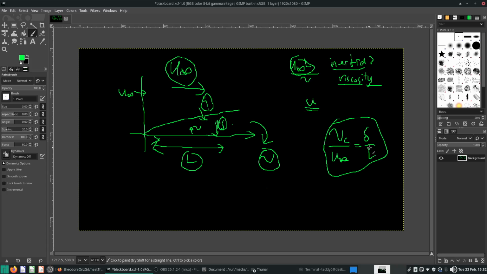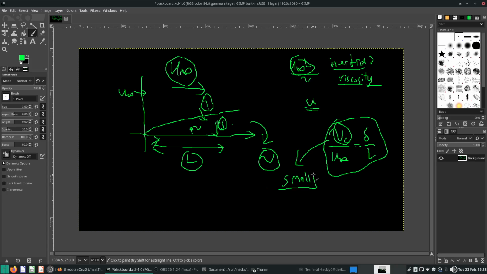It's compared using the length scale. A few videos back we came up with that. So since this thing is very small, we can think of it this way: these inertial forces are small.